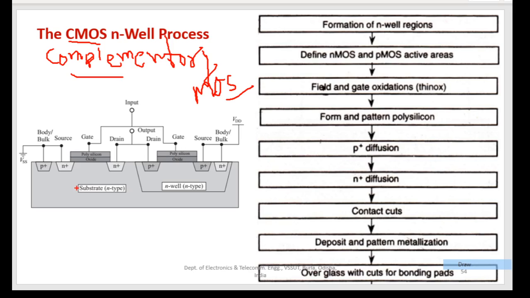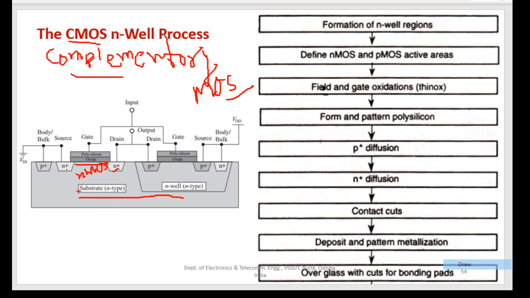So look at here, can you identify that this is the substrate area, substrate material? Now this is one n plus, this is one more n plus, so basically this will be the area for n MOSFET, right? And in between is the gate terminal. This is the channel, so this area will be for NMOS, right?